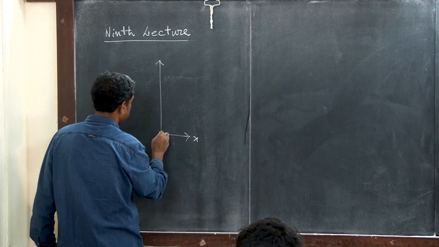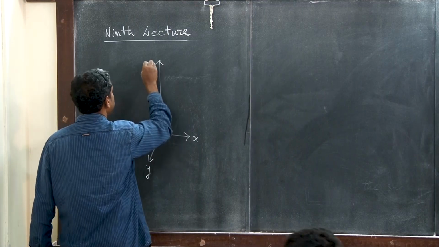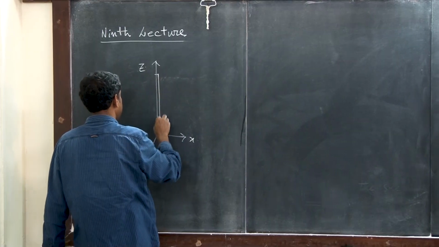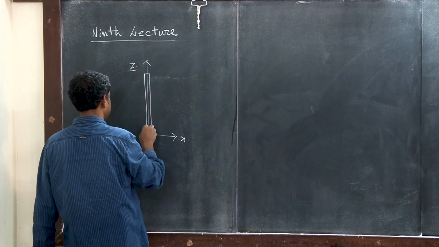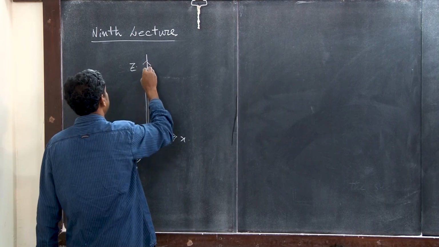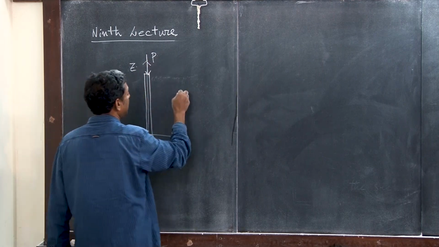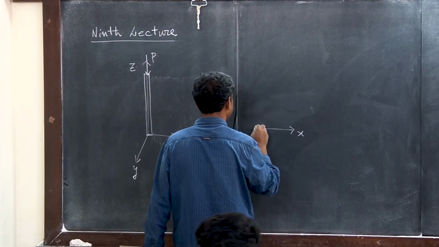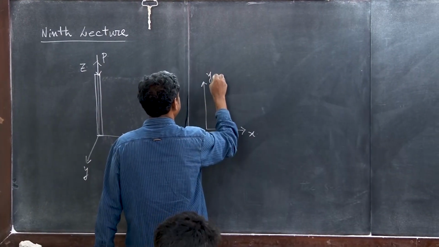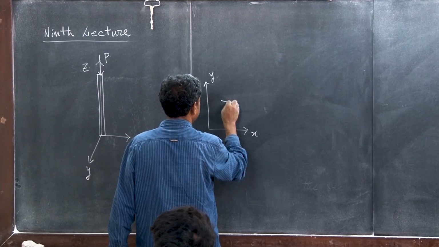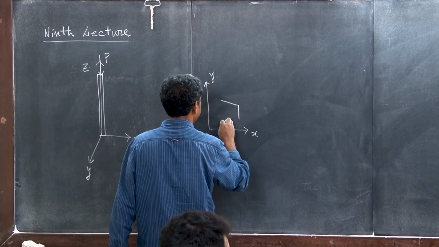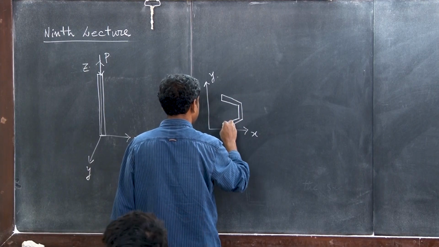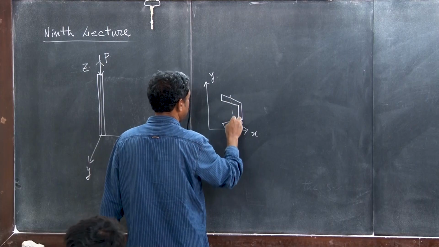So, this is x, this is y, this is z, and there is this column, subjected to some axial force, maybe P. The cross section will be something like this.